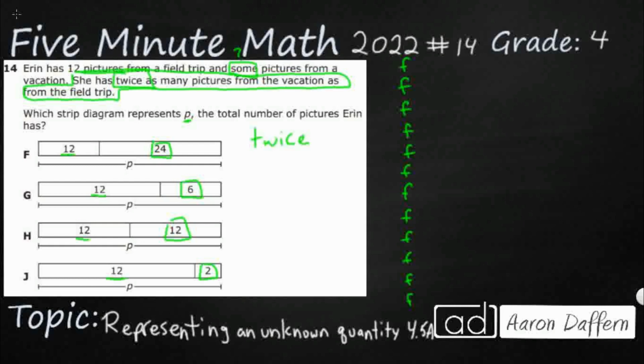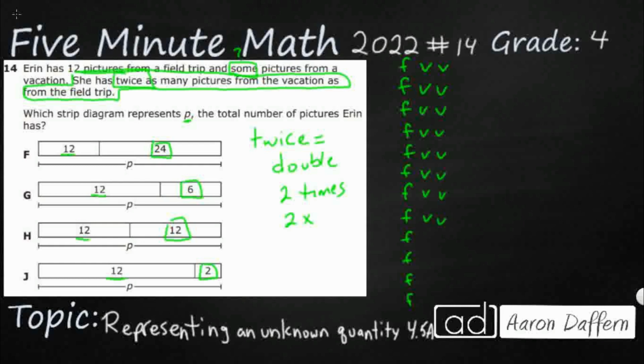We need to know twice equals double. We could also call it 2 times, or we can represent it with 2x. Either way. So each of these field trips has 2 vacations, because since the field trip has got 12, I need to double that.